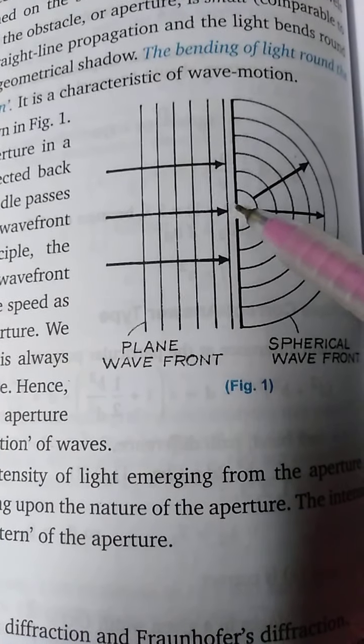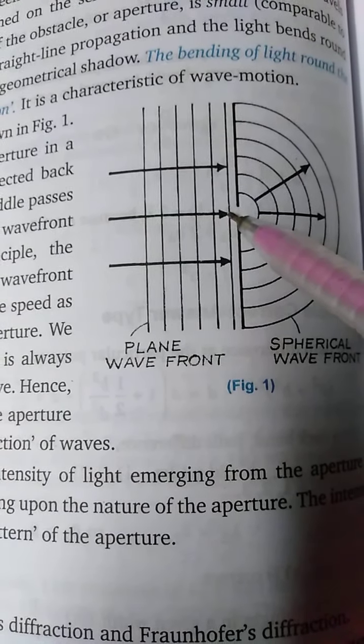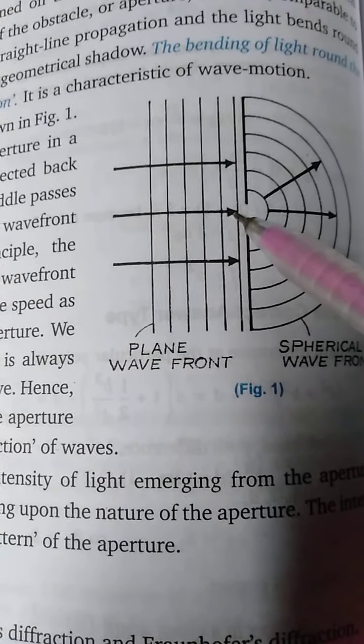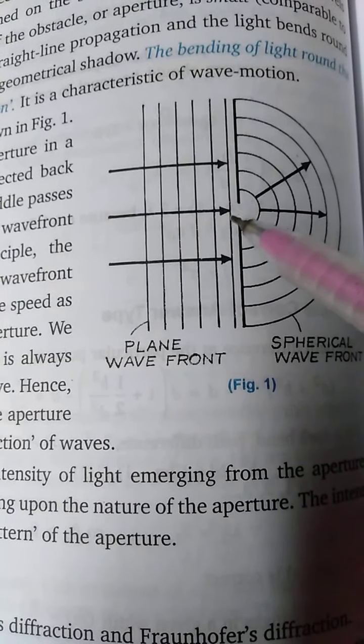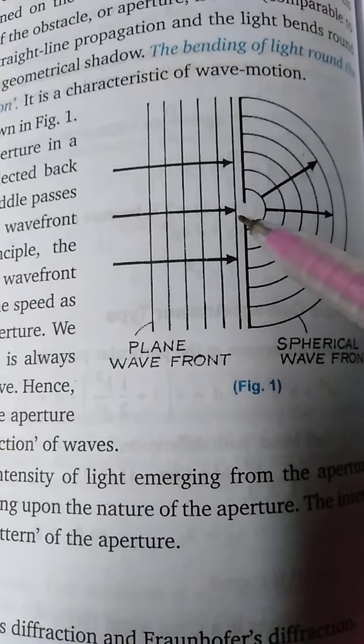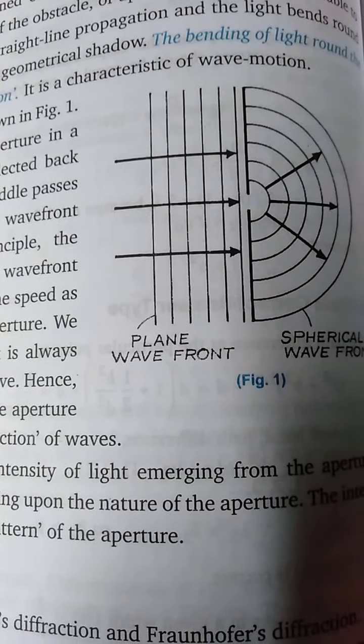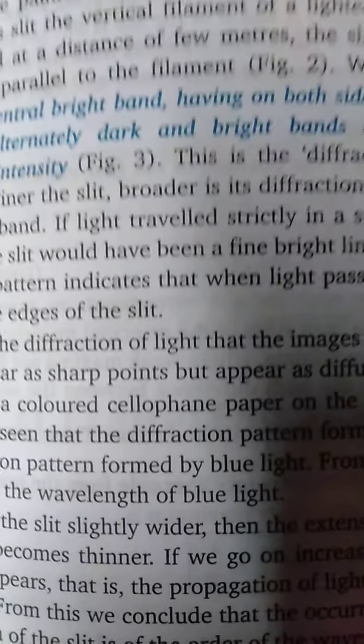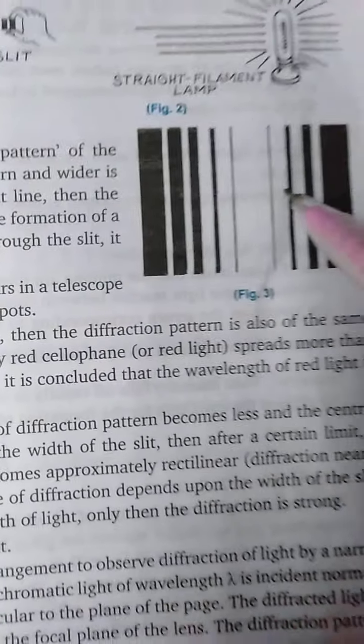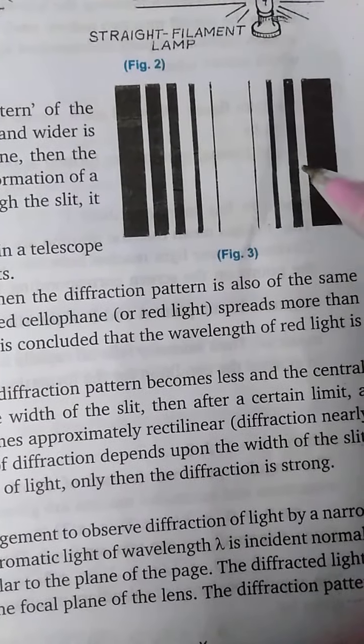Diffraction means the bending of light around the corners of sharp edges, or the passing of light through an aperture whose size is comparable to the wavelength of the light. Now we are going to study Fraunhofer diffraction. You can see this is a diffraction pattern.